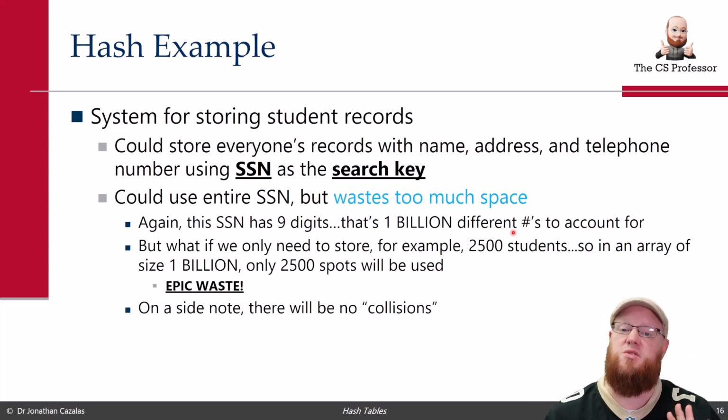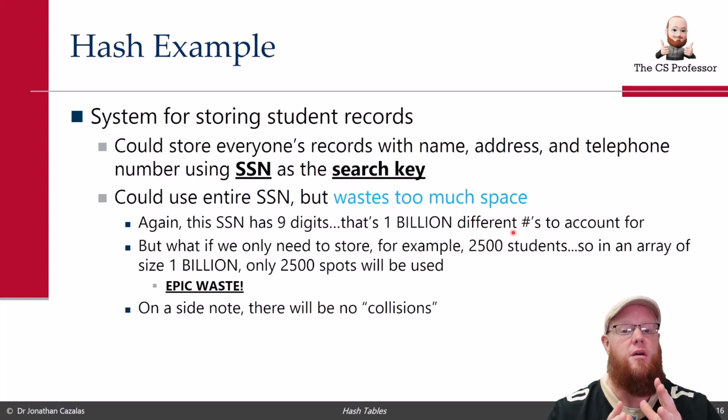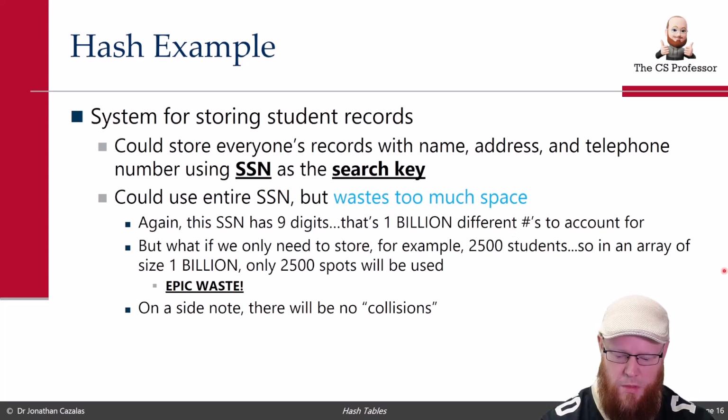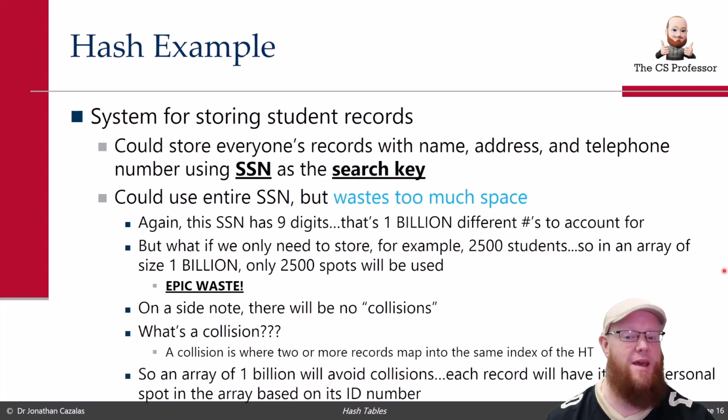If we use an array of size 1 billion, we would have a guarantee that each person has their unique index. Make sure we get that clearly. Also, that means, as a consequence, we have a guarantee that there would be no collisions whatsoever. What is a collision? A collision is where two or more records map into the exact same index of the hash table.